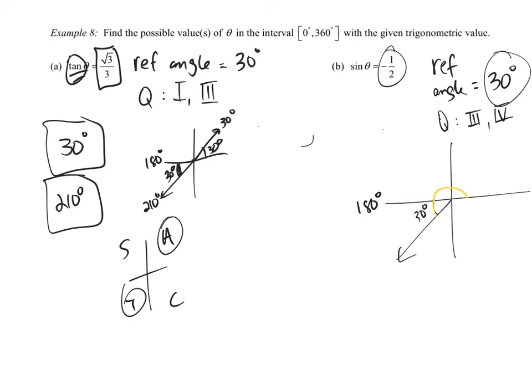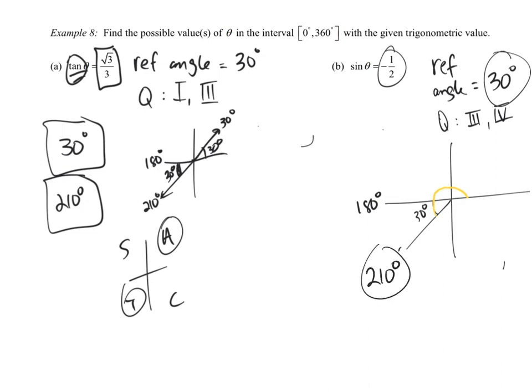To figure out what the entire angle is, we just need to add 180 and 30, and that will give us our first answer of 210 degrees. I'm obviously saying it, so 210 degrees is going to be our first answer.